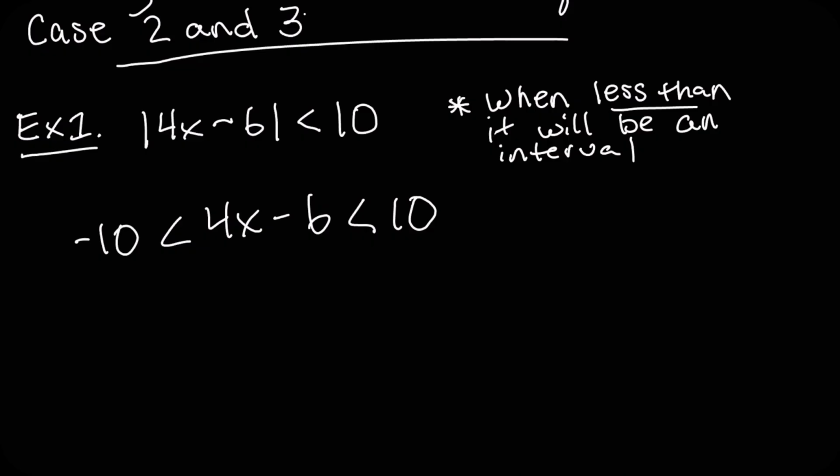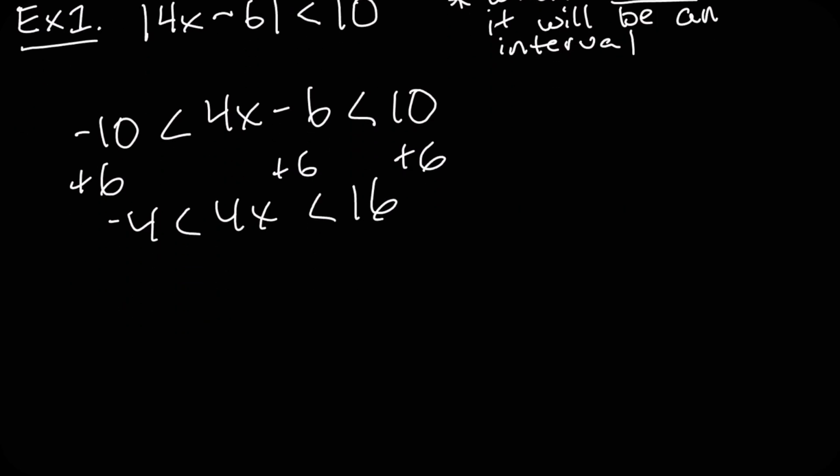Okay, so go ahead and get your constants on the right and left hand sides. Add 6, and add 6. So we'll have negative 4 less than 4x, and then less than 16, and then go ahead and divide by 4.